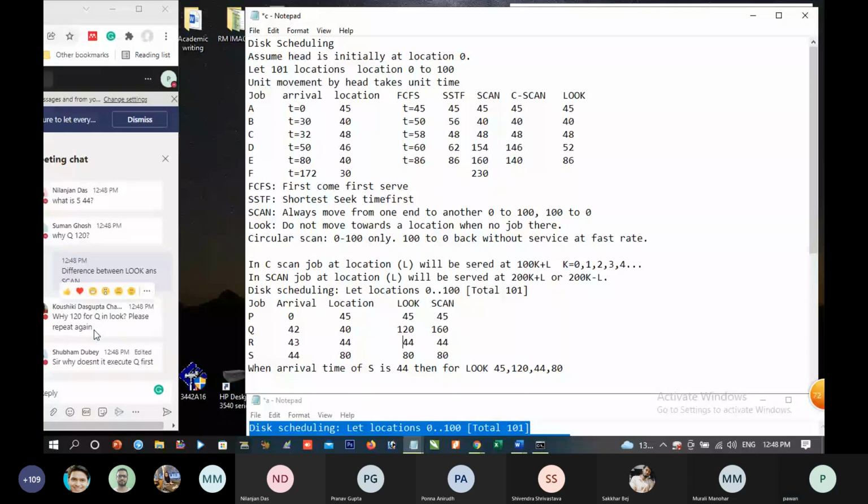Because in scan, we shall be going up to 100. But in look, we shall not be crossing 80 because there is no job beyond 80. So why go after 80? In look, do not move towards a location when no job is there. Is it clear to you?